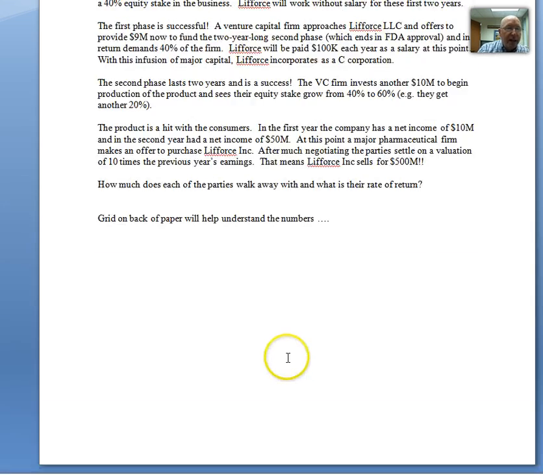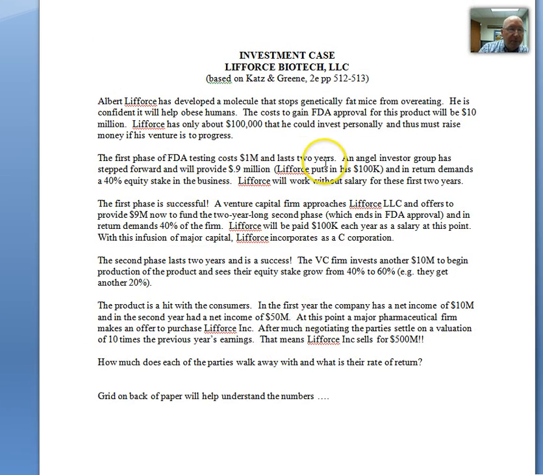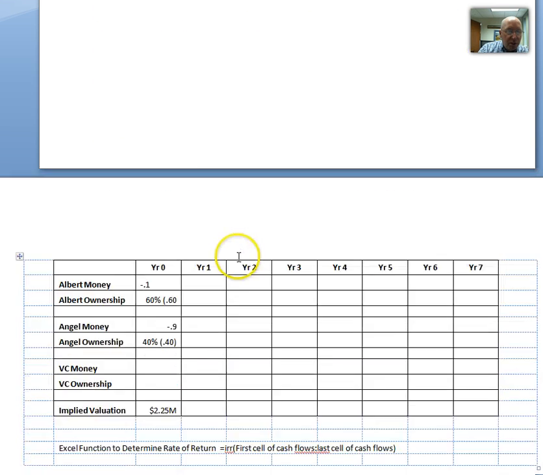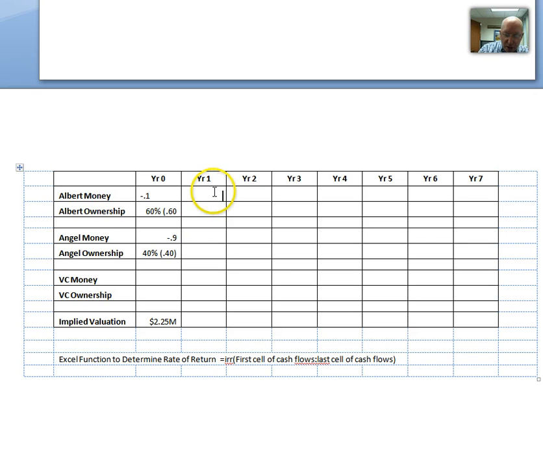And now we go back to the case and see that 2 years elapse. And then the venture capitalists come forward and they invest $9 million in return for 40% of the firm. So we'll scroll down, say year 1, nothing happens. Year 2, nothing happens.